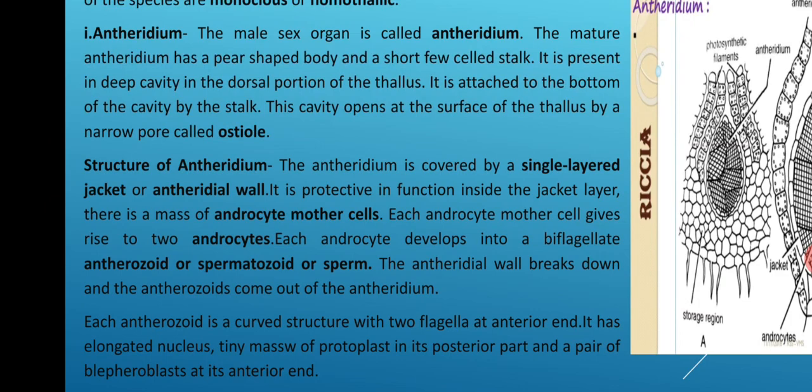Each androcyte mother cell gives rise to two androcytes. Each androcyte develops into a biflagellated antherozoid, spermatozoid or sperm. The antheridial wall breaks down and the antherozoids come out from the antheridium. Each antherozoid is a curved structure with two flagella at the anterior end. It has an elongated nucleus, a tiny mass of protoplast in its posterior part, and a pair of blepharoplasts at its anterior end. This is about the antheridium.